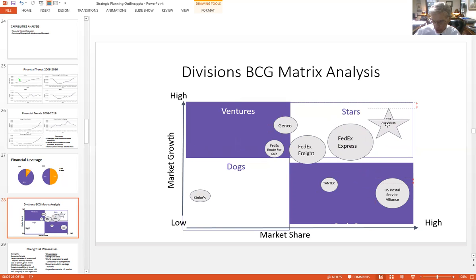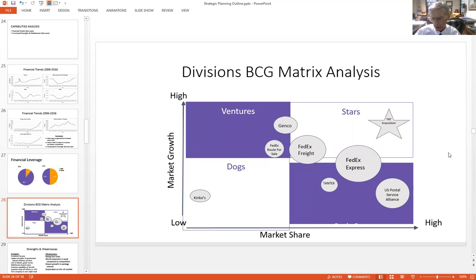TNT is still growing nicely. So as this business comes down here, if it doesn't have to grow as much, then its profit can become free. It won't be needed to reinvest in the business.